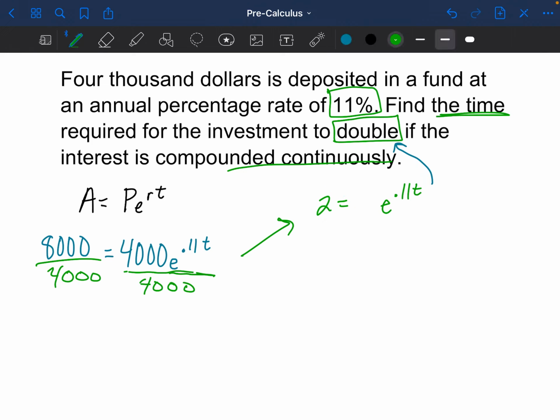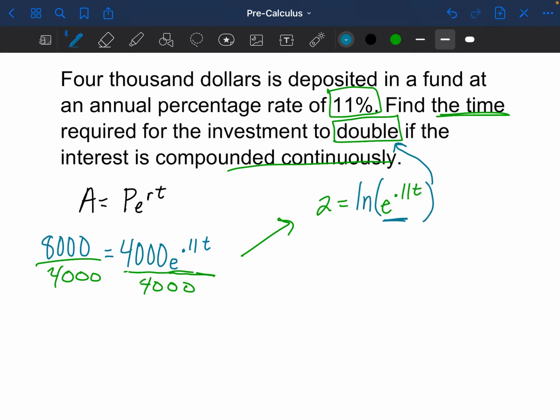Move this over, I'll show you why. I need to get the t out of the exponent. That's what we're trying to solve for, but it's in the power. So the only way to get rid of that exponential, to bring the exponent down, is we have to do the inverse. The opposite of e to the whatever power is the natural log.